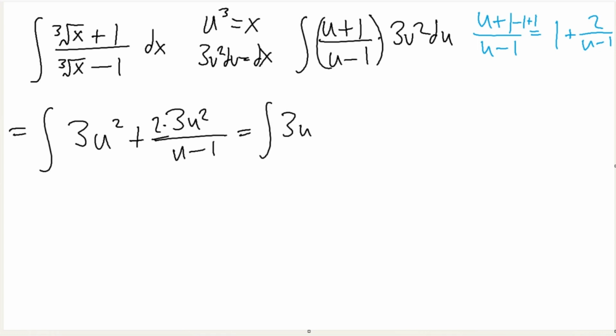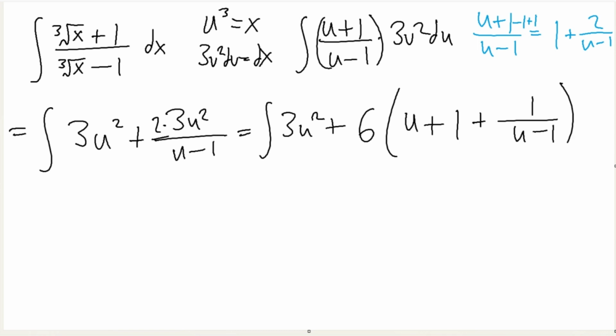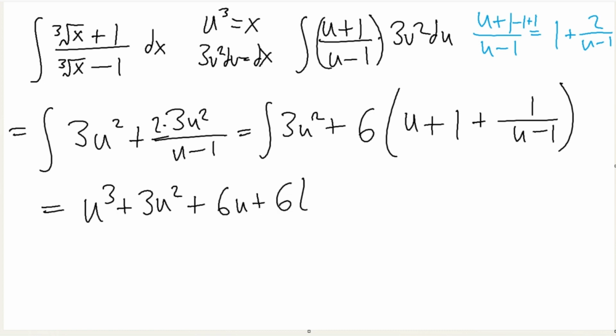So 3u squared, 6u squared over u minus 1, right? And then everything now, this is just u cubed, this will be 3u squared, plus 6u, plus 6 ln of u minus 1. Okay?